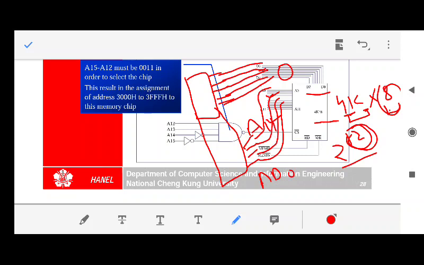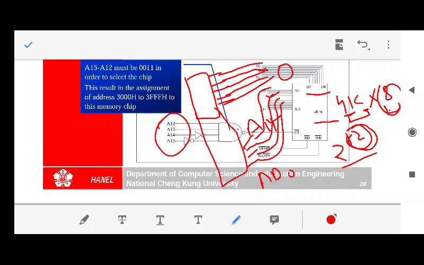Fine. Now how many lines are remaining? A12, A13, A14 and A15. These are remaining because they are not connected anywhere. So how will we use these?